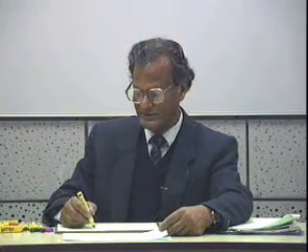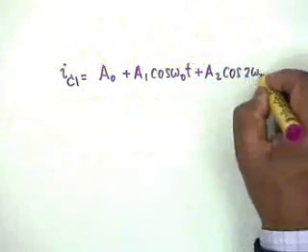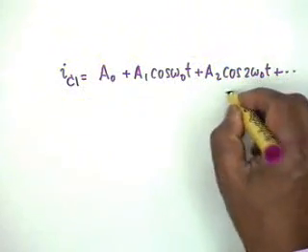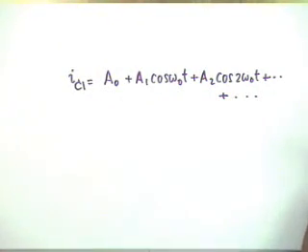Because power amplifiers are large excursion amplifiers, large excursion of signals, there will be distortion, and this distortion may be A2 cosine of 2 omega 0 t plus etc. I do not know how many harmonics are there. Fourier series gives infinite number of harmonics. So if we expand this in Fourier series, we get something like this.